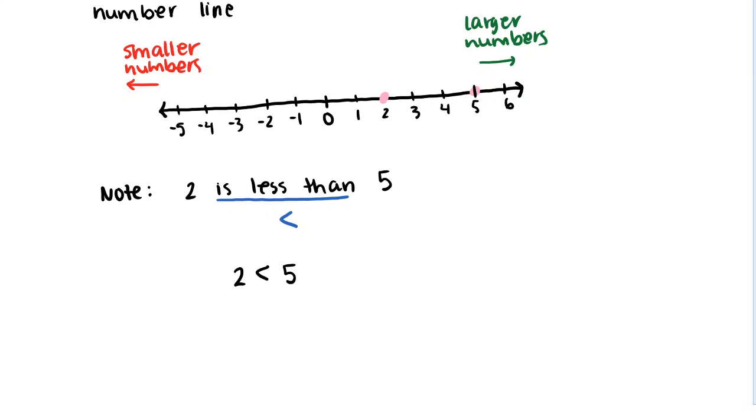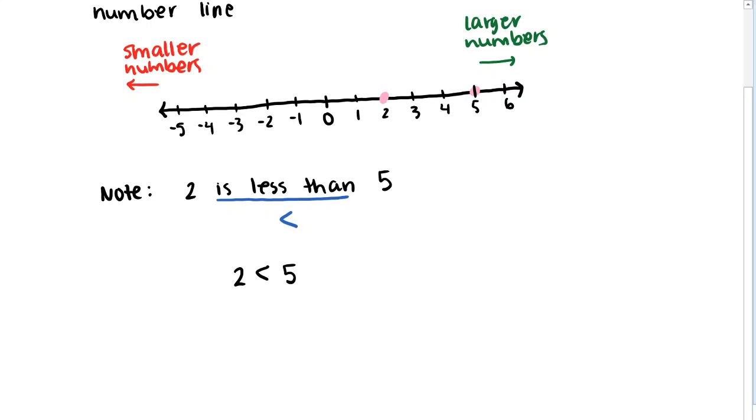The bigger number should be on the right, where this symbol opens up towards. Sometimes people think of it as an alligator mouth, and the alligator eats the larger number. If that helps, that helps. But this is what we refer to as the less than symbol, and the left number should be less than the right number.